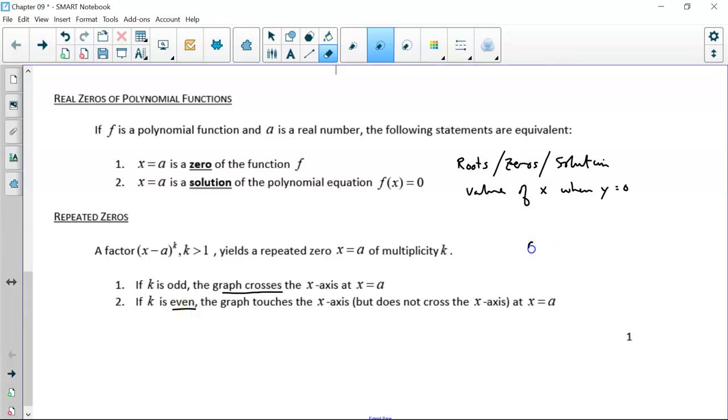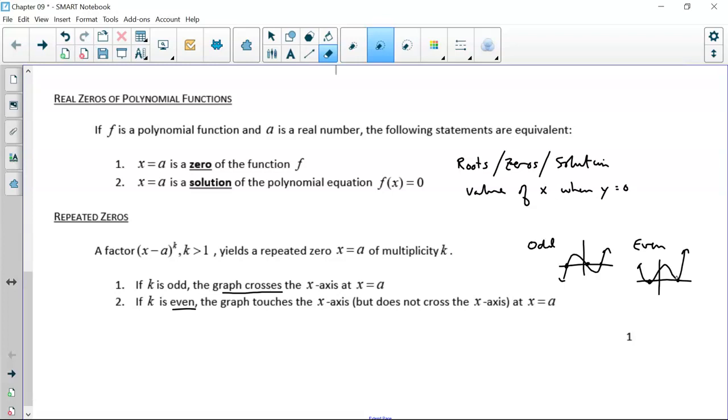So for odd, they would go through. Those would be the zeros there. And for even, it would bounce, so where it just touches the x-axis. Those would be even multiplicity. Like I said, we'll be talking about that as we go through.